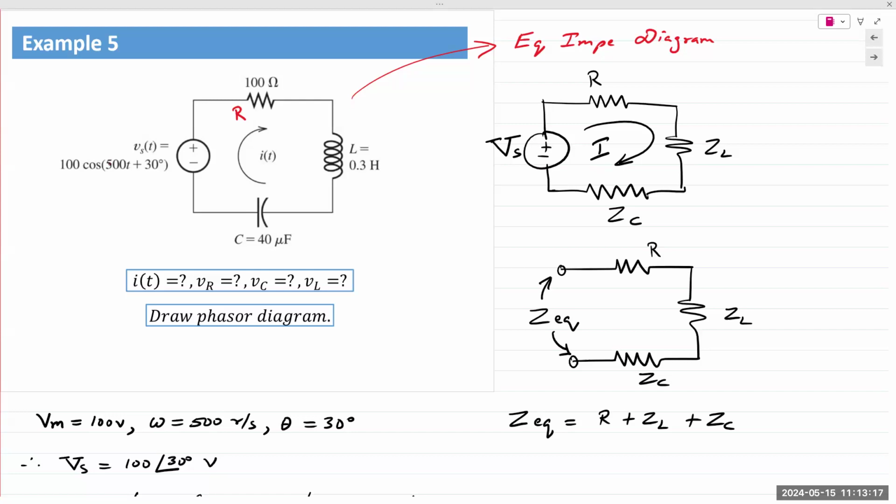Okay. So what do we see when we look at that impedance diagram? We see 3 resistors in series, or in this case, 3 impedances in series. Impedances add up the same way as resistors. So that determines your best approach.